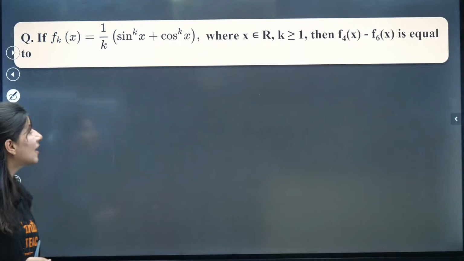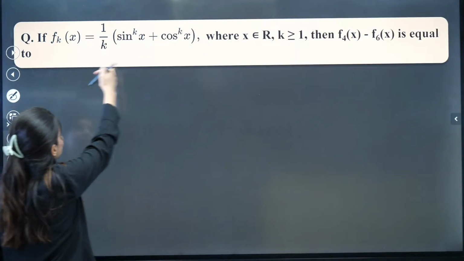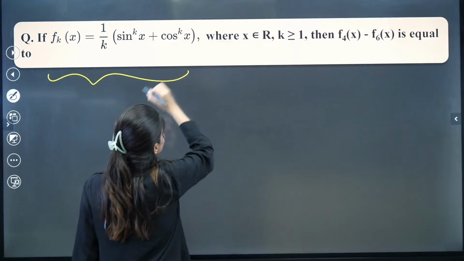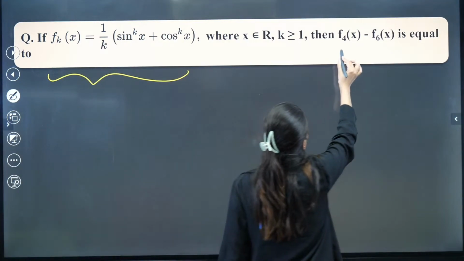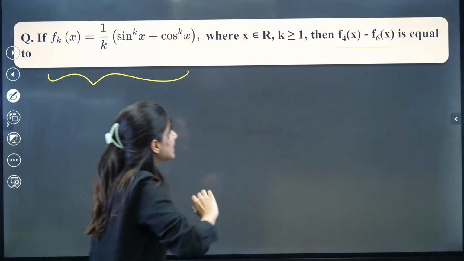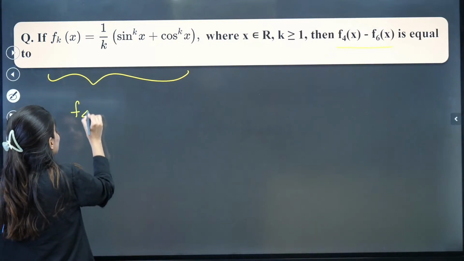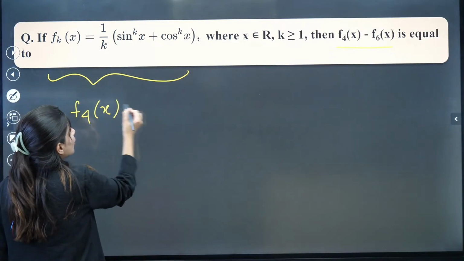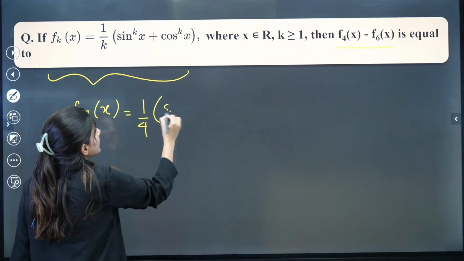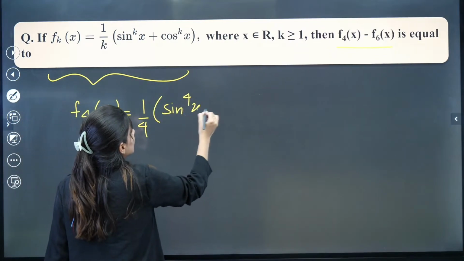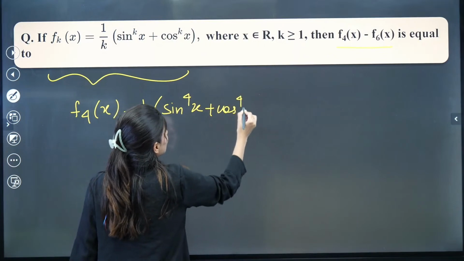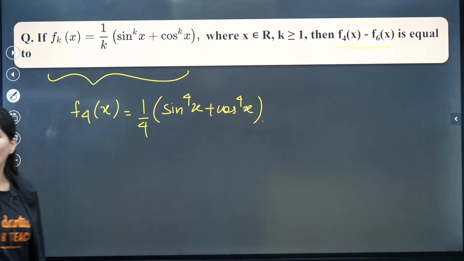From trigonometry we have a question. So f of kx is given to us and we are looking for the value of f4x minus f6x. So first of all, f4 of x. So f4x will be 1 by 4 into sine raised to power 4x plus cos raised to power 4x.